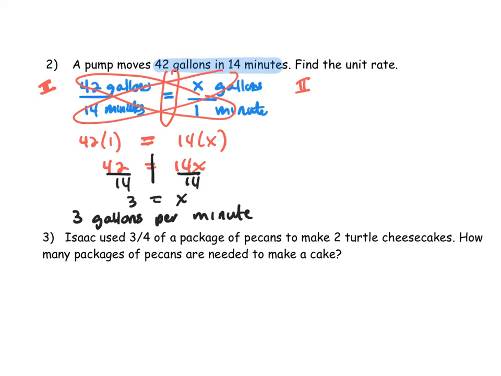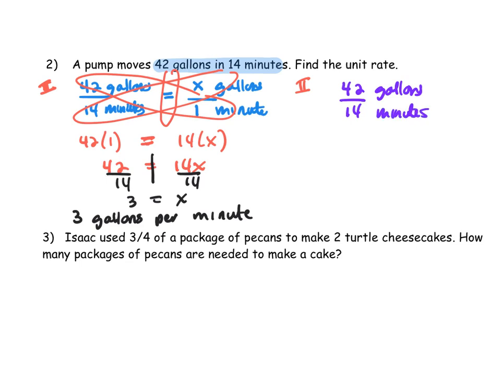So now let's try this the shortcut way. Let's look real quickly. When I set up this first proportion, I ended up with 42 over 14. And when I did my solving step, well, here it is again. So that's going to allow us to move to the shortcut. But again, when I do this, I definitely want to label because those labels help us answer the question. So we're given 42 gallons in 14 minutes.